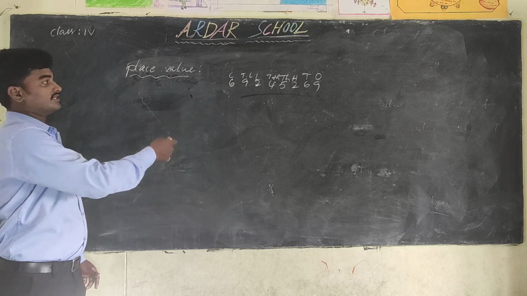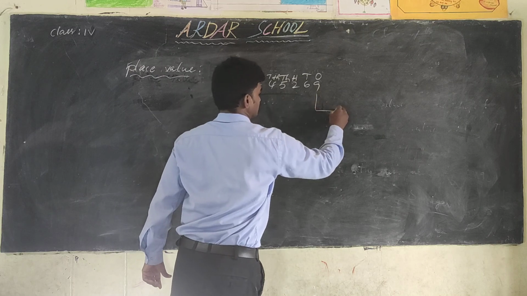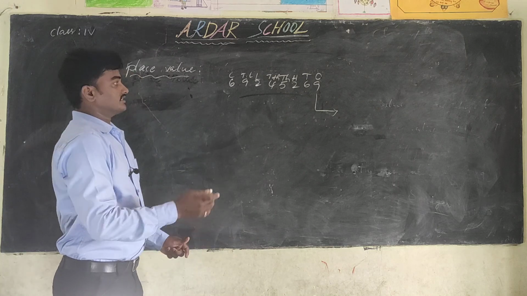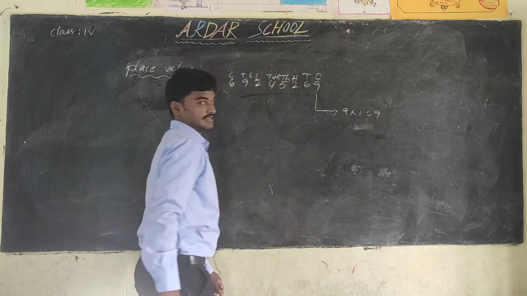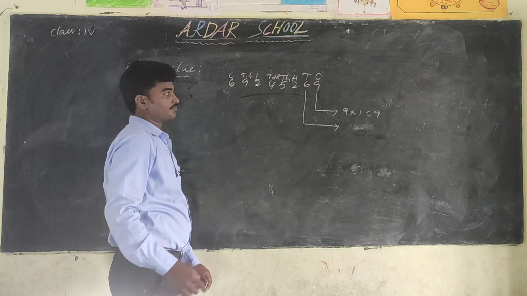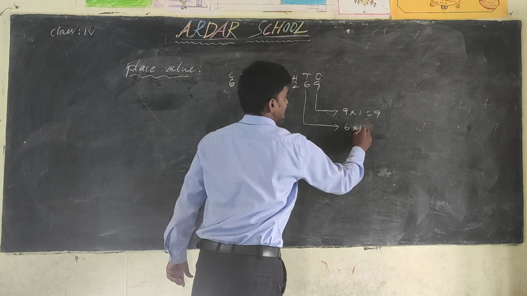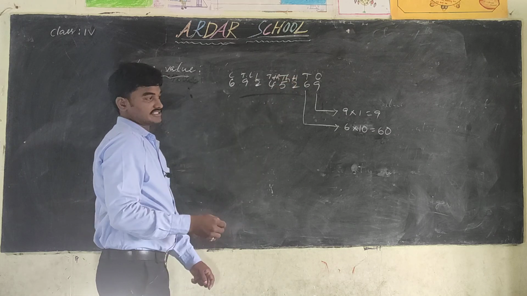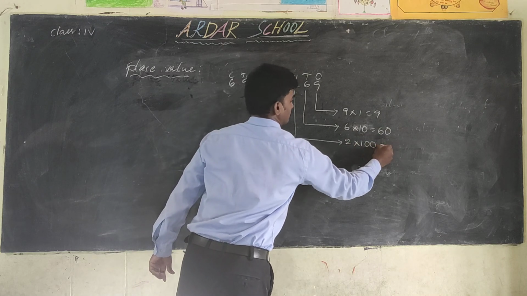So, let us learn the place value of these given digits. 9 is at ones place. The place value of 9 is 9. 9 ones are 9. 6 is at tens place. So, the place value of 6 is 60. 6 tens are 60. 2 is at hundreds place. 2 into 100, 200.